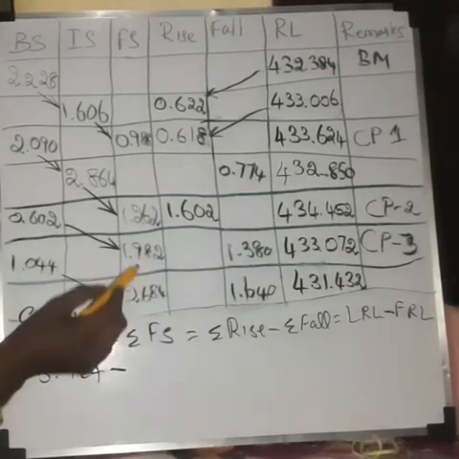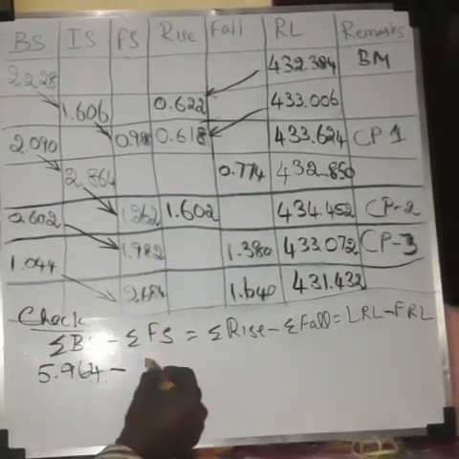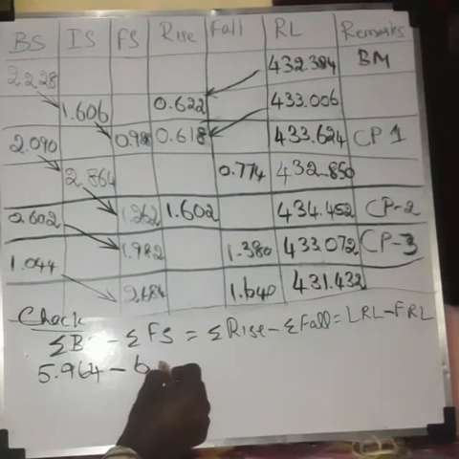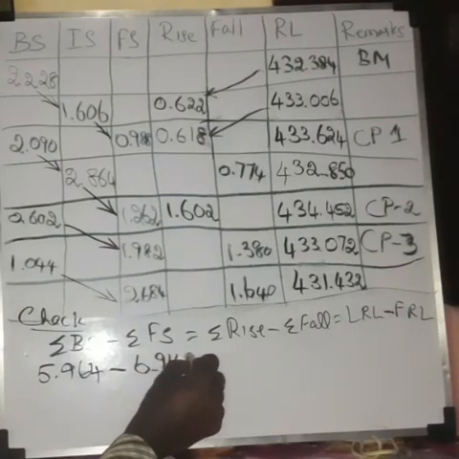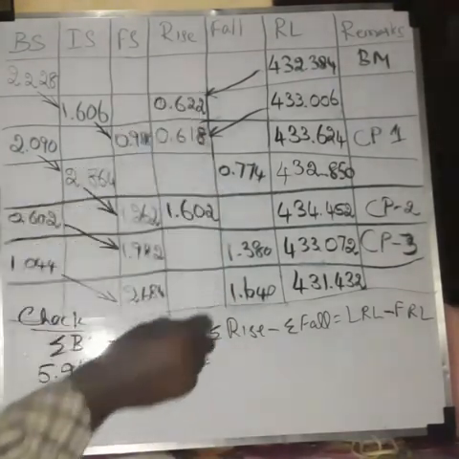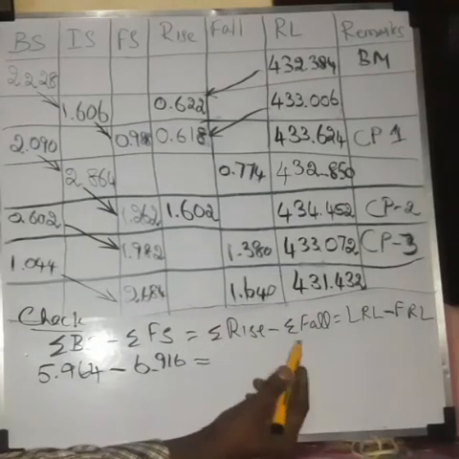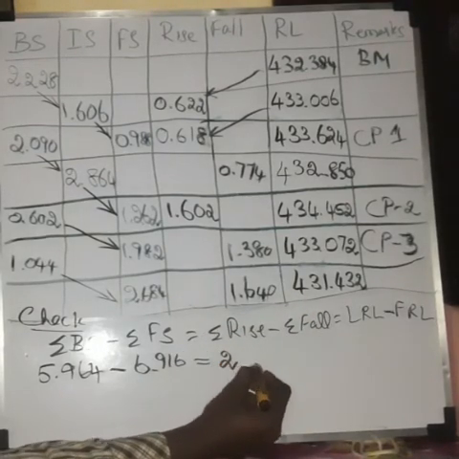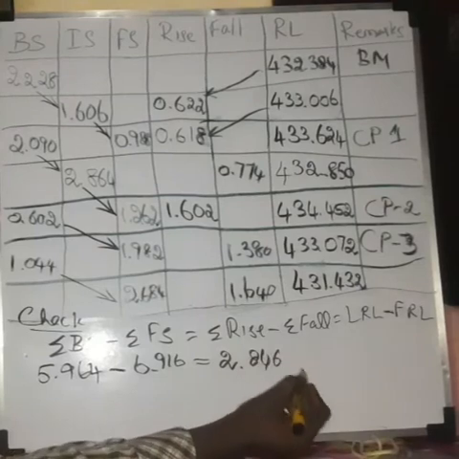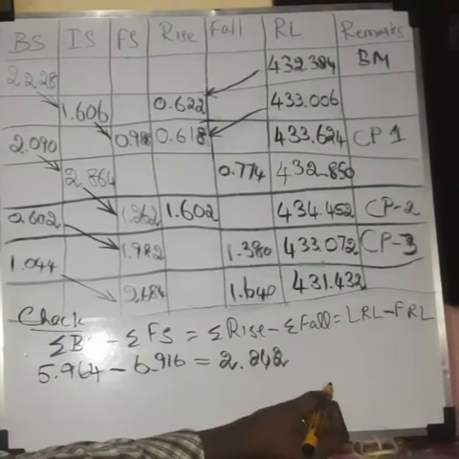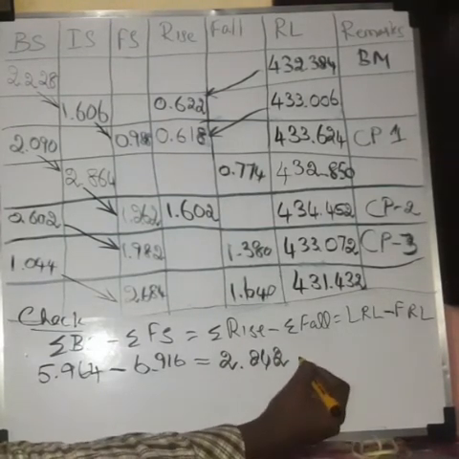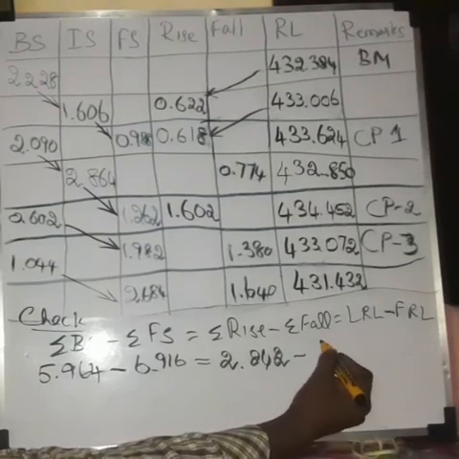The sum of foresight is 6.916. 5.964 minus 6.916 equals sum of rise minus sum of fall. Sum of rise equals 2.842, minus sum of fall 3.794.